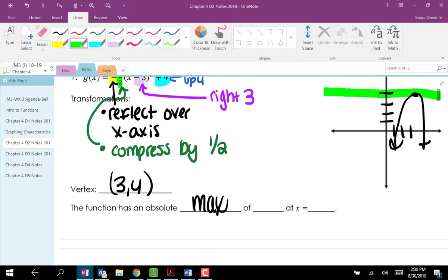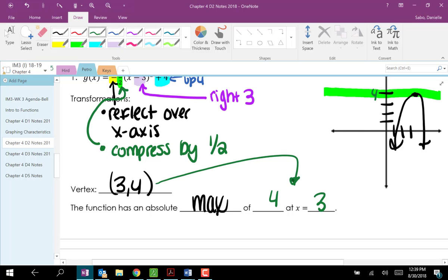So what is that value that you can't go past? What's the highest point? In green. What's the highest it goes? 4. Very good. It goes 4. And that's coming from right there, at x equals 3. And look at that. That came right from our vertex. And we did that yesterday.